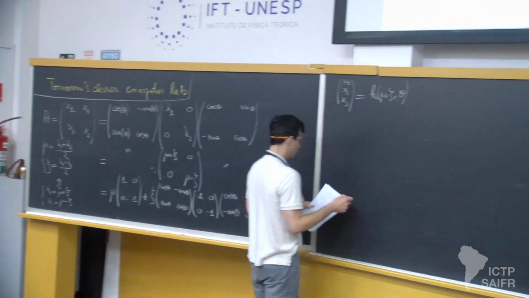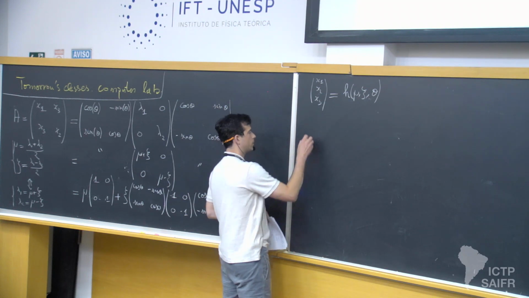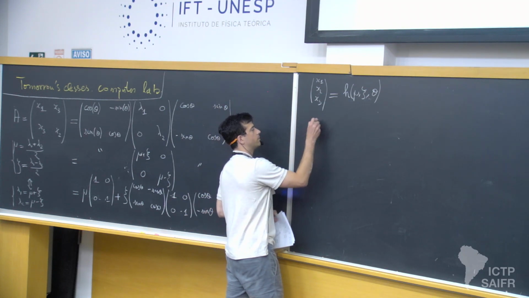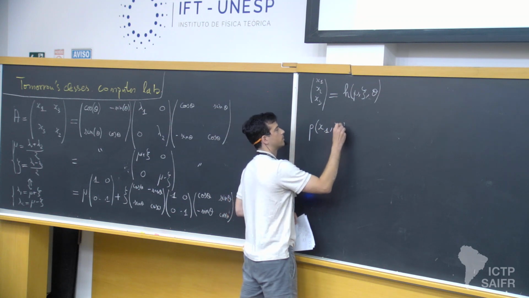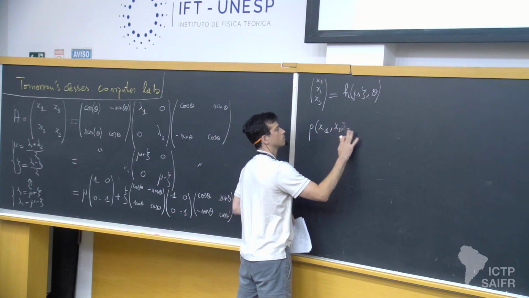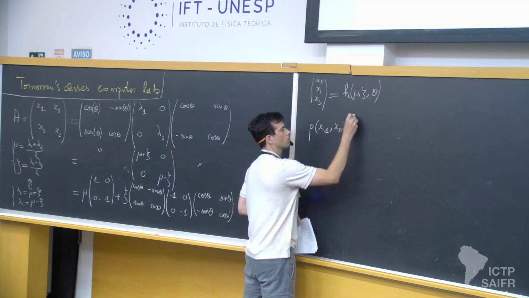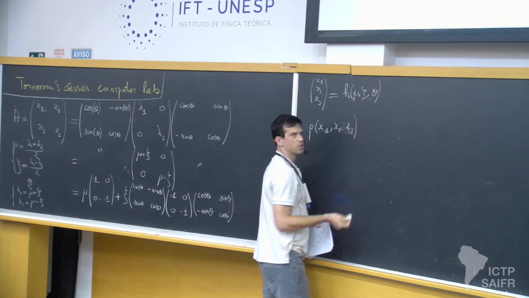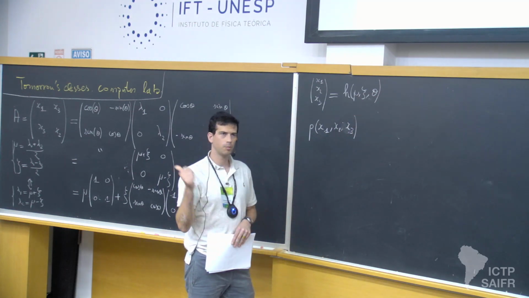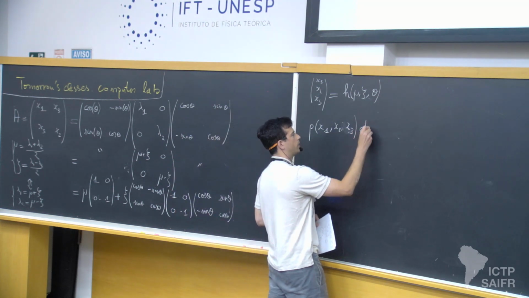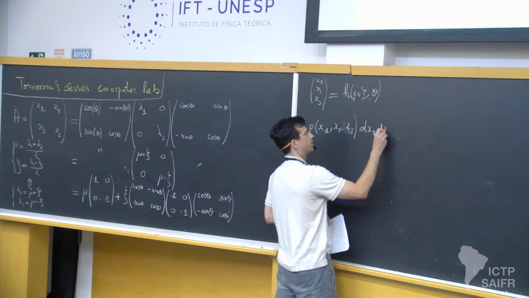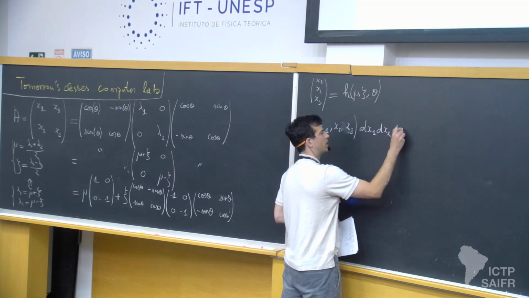And why is it useful? Because if I write the probability distribution of the variables x1, x2, and x3, well, how do you change variables for this distribution? And you write the PDF for the other three variables. Maybe a mnemonic way is to add this infinitesimal volume element to it.